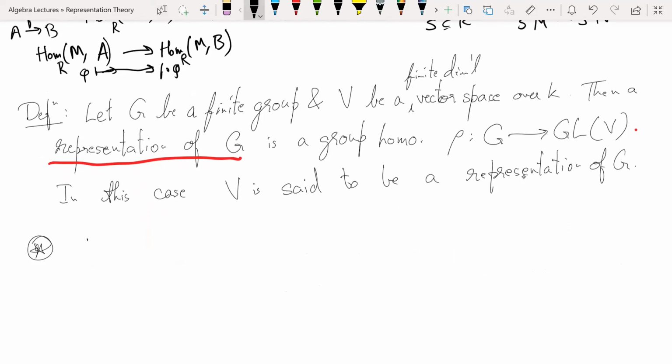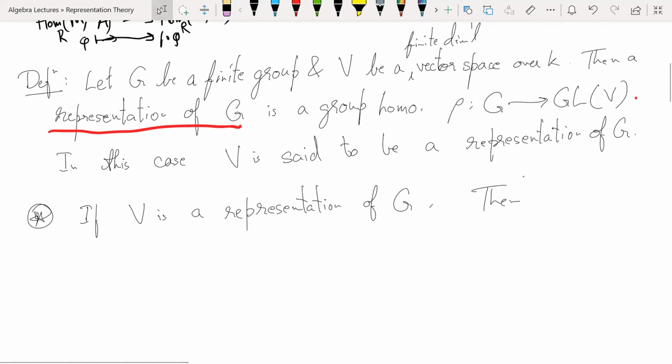If V is a representation of G, then of course you get that there is an action.